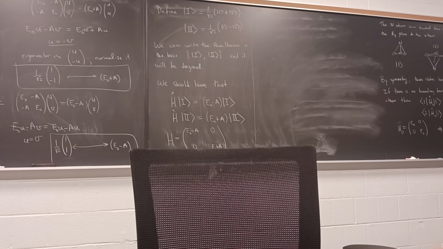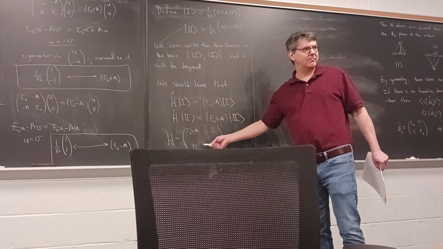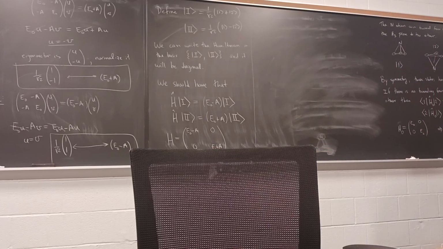If you evaluate the bracket as, instead of pairing Roman 1 and Roman 1, you would do Roman 2 and Roman 1 to see if it's 0. That would tell you the off-diagonal elements, yeah. If the ones that don't match are 0, then you know it's diagonal.